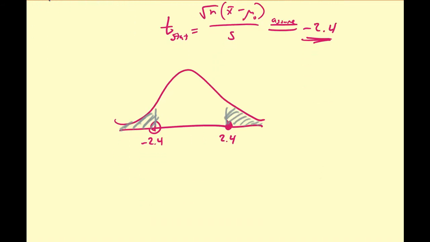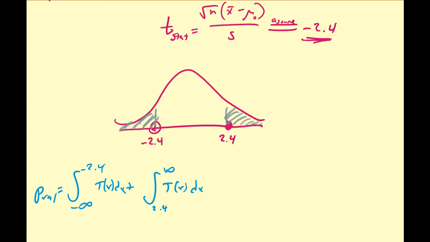If you want to calculate it to verify that conclusion, then you can. But this integral from minus infinity to minus 2.4 under the t distribution, plus the integral from 2.4 to infinity of the t distribution, is going to be our p-value. And you're going to see that that's equal to 0.031.